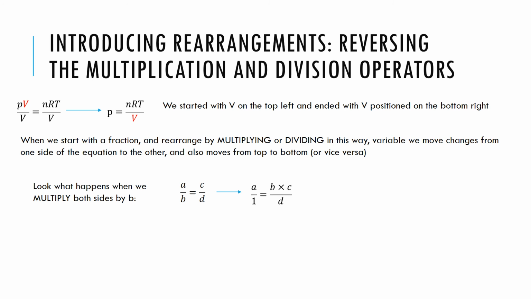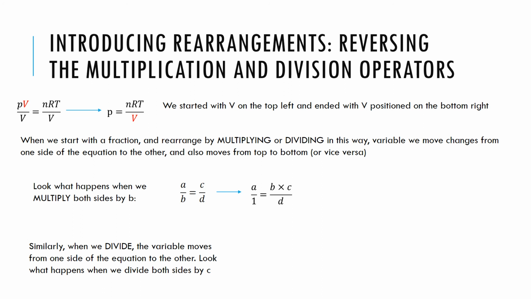So have a look at this. Look what happens when we multiply this equation, A over B equals C over D, by B. What we actually get is A over 1 equals B times C over D. We've essentially just rearranged to solve for A.